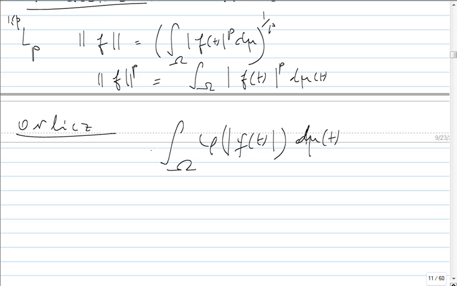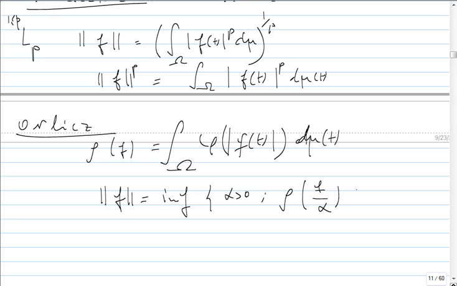Now what is this? Or what are the properties of this? If we put this as rho of f, then the norm, as we said, is equal to the infimum of alpha positive such that rho of f over alpha is less than or equal to 1.